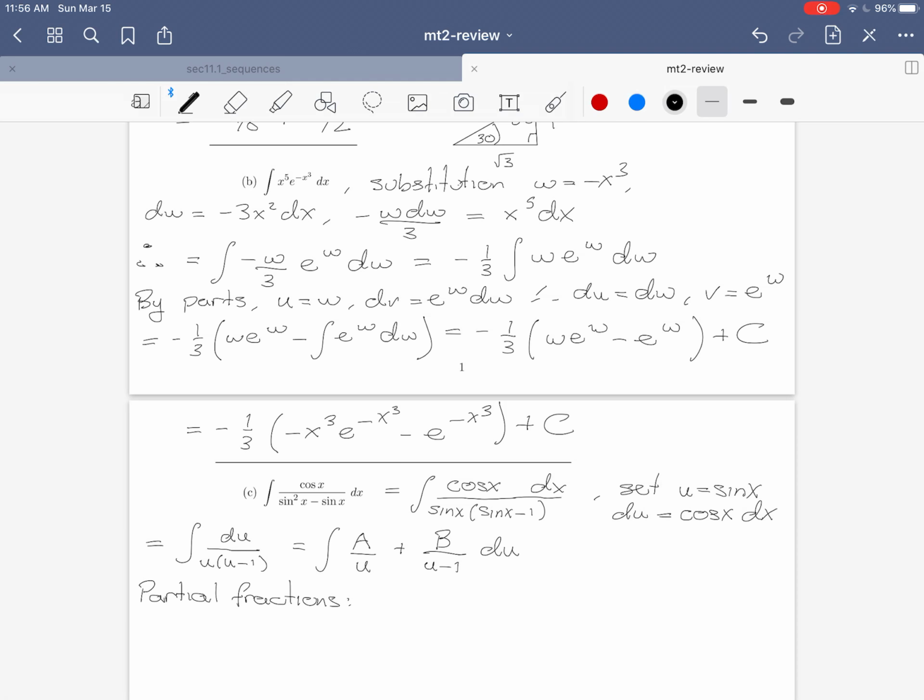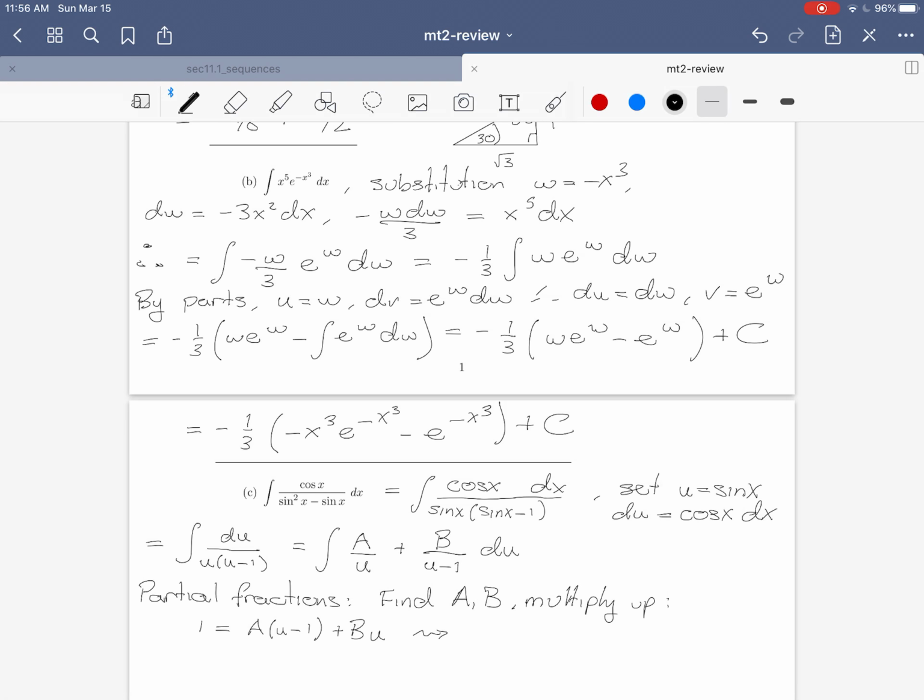To find a and b, we multiply up. That gives us that 1 is equal to a times u minus 1 plus b times u.